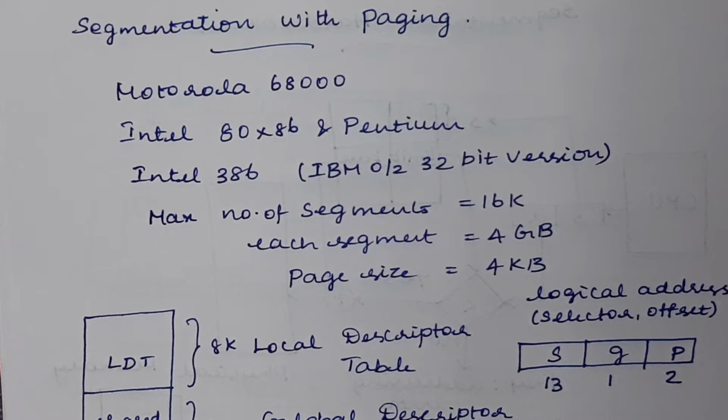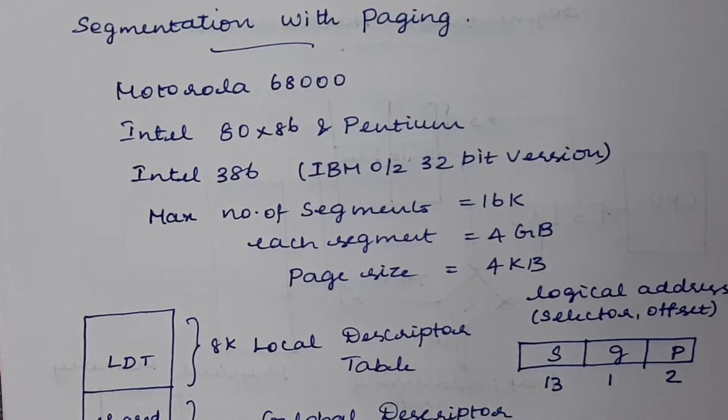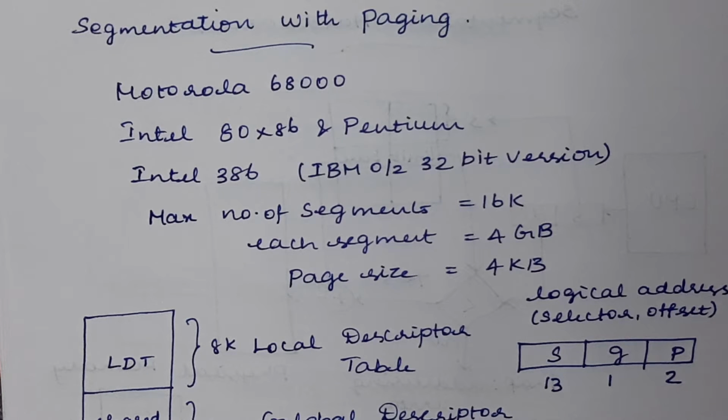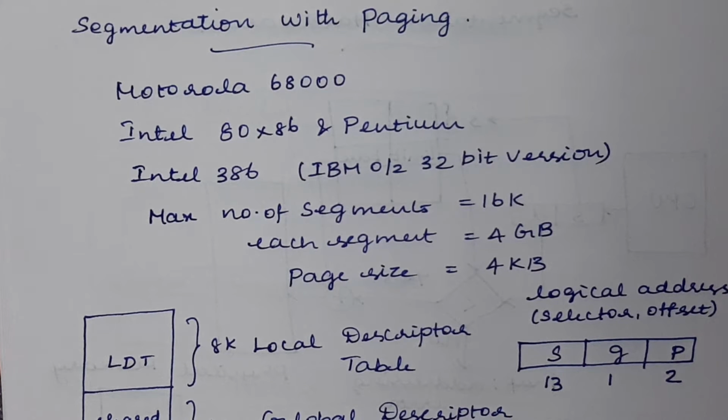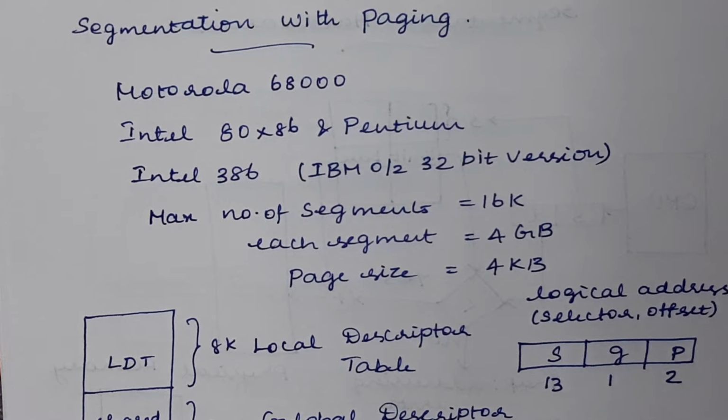Suppose a segment has completed its execution and we are not going to use that segment further, so we swap that old segment with a new segment. What happens if the size of the old segment is larger than the new segment?